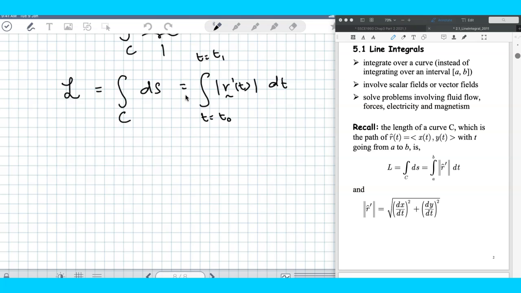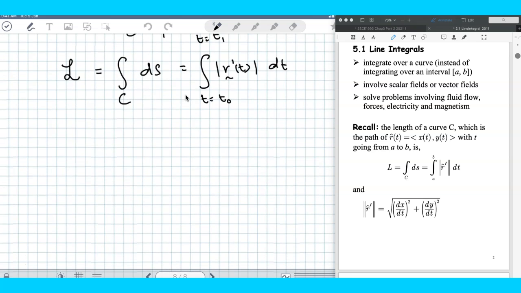Let's say you are given a curve represented by the parametric equation, where x equals minus 2t plus 1, y is given by minus 4t plus 2, and z equals 4t minus 3.